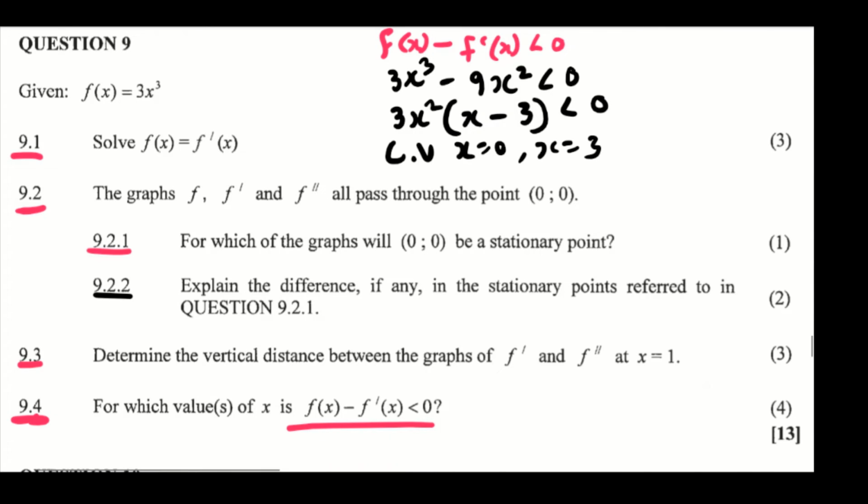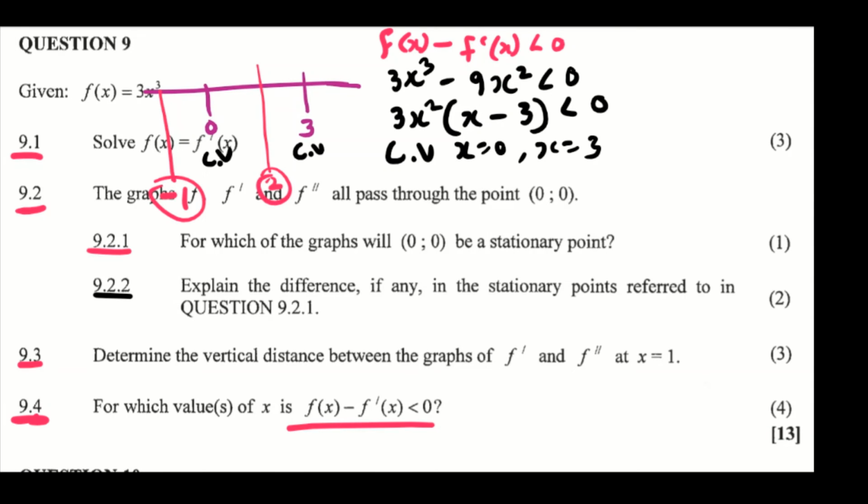So you're going to write down your number line and indicate your critical values of 3 and 0. So these are going to be your critical values, right? And then you're going to test values before the critical value, which before 0 there comes -1, between 0 and 3 there comes 2.